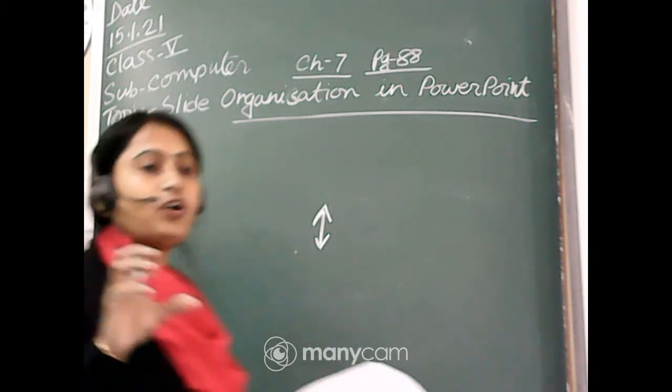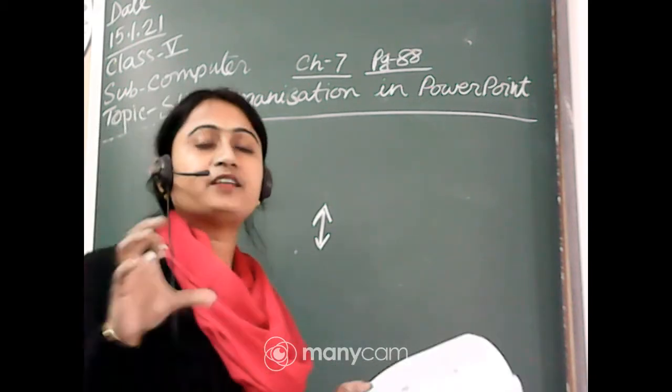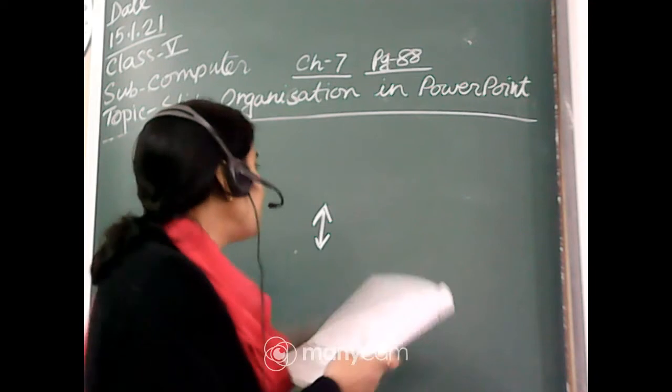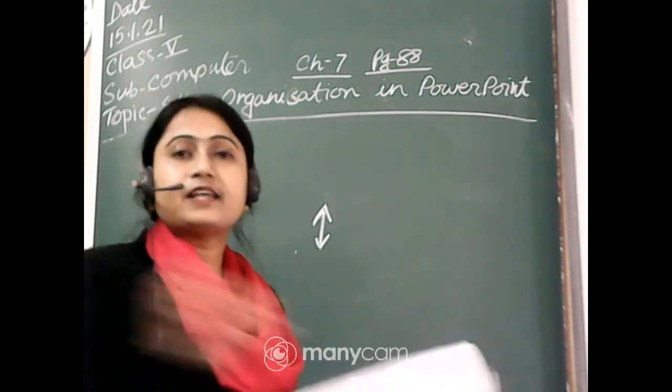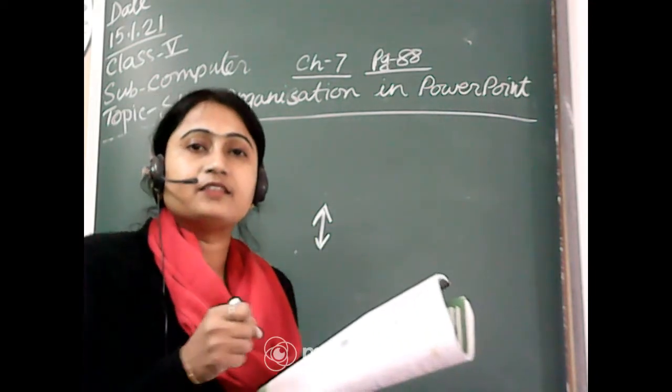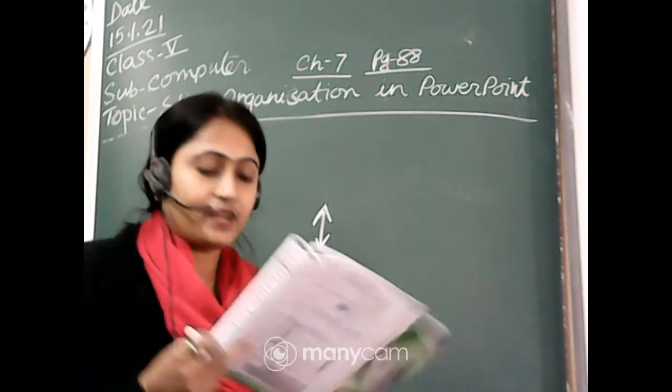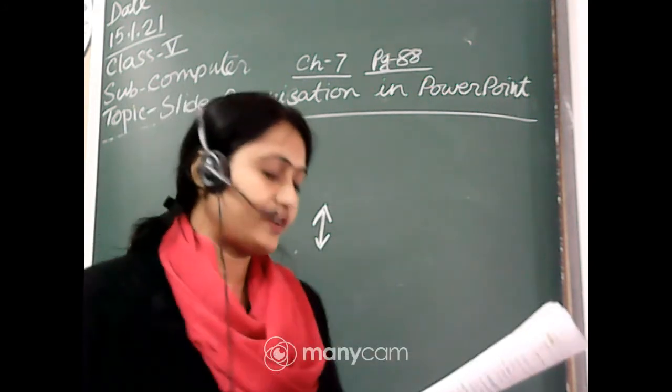When the pointer has changed to a double-headed arrow, using this arrow you can increase or decrease the size, that means shrink or stretch the dimensions of an object.